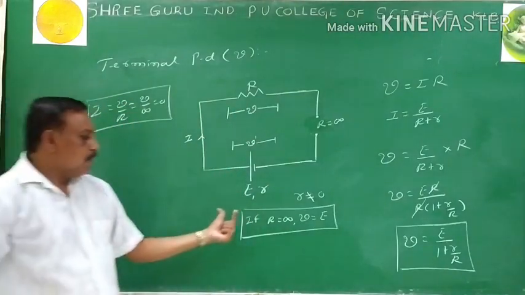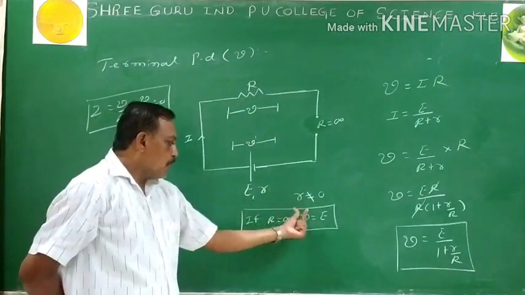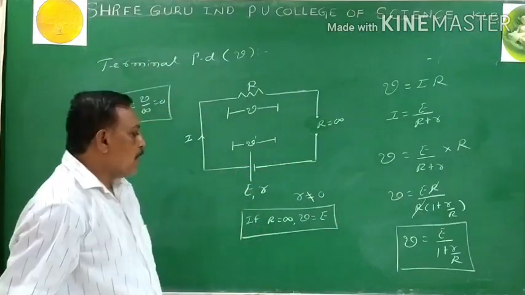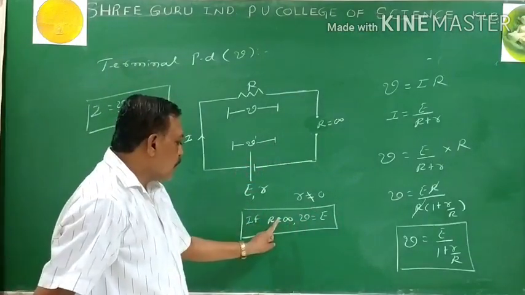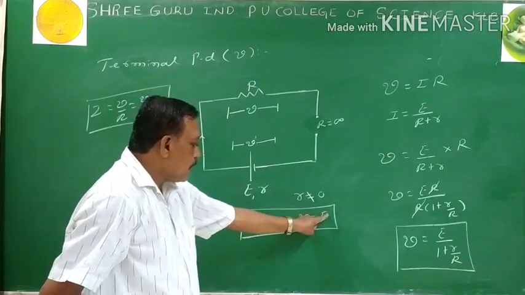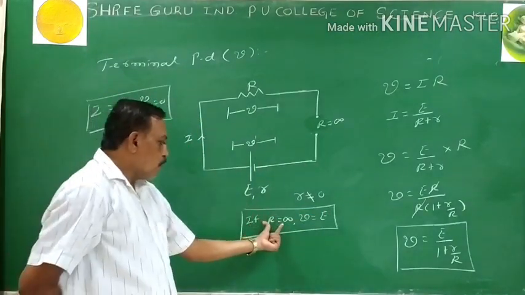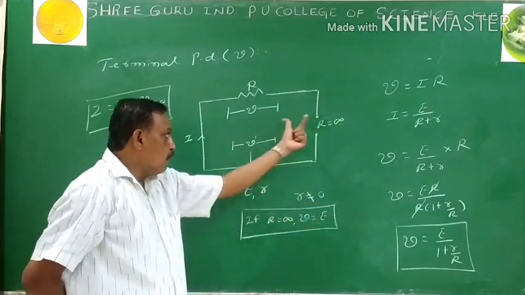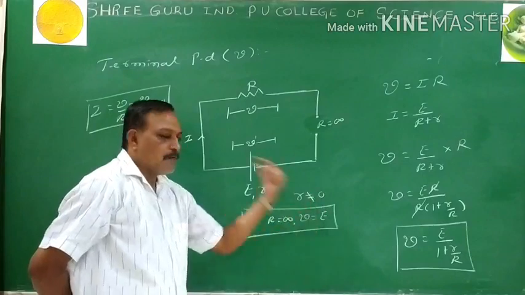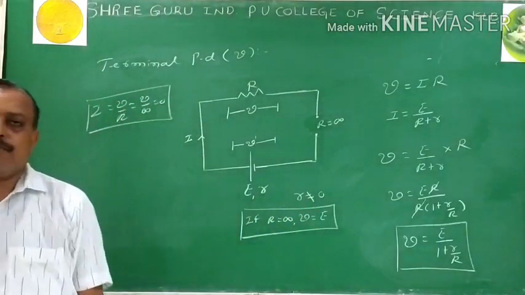The open circuit offers infinite resistance, so the potential difference is equal to the EMF of the cell. Hence we can say that the open circuit voltage is known as EMF. When R equals infinity, the potential difference is equal to EMF.